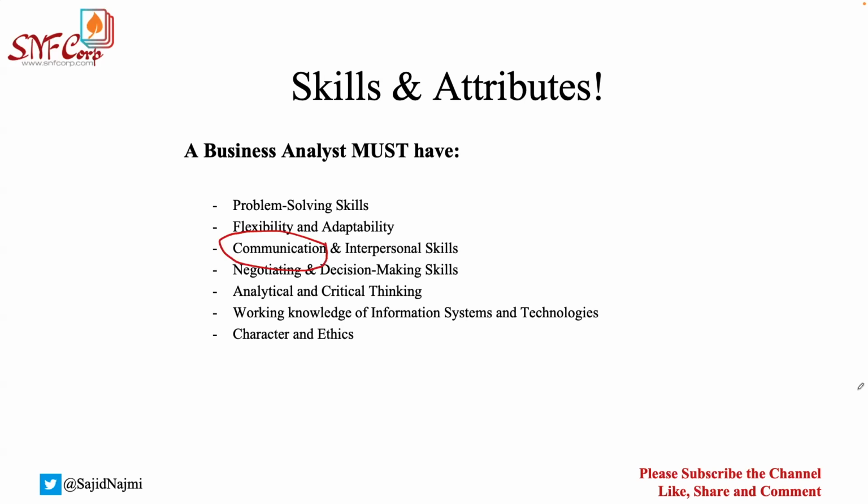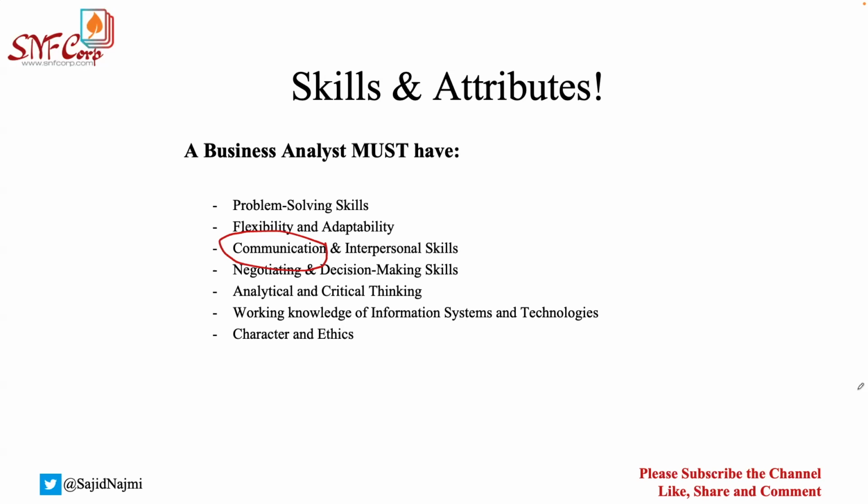It's not about how you speak, it's about how you deal with people, how good you are at your soft skills. When I'm saying soft skills, it includes interpersonal skills, negotiating skills, and all those skills, how you analyze things. So communication is the key. If someone is asking what is the most important or one of the most important key skills, just answer in one word: communication.